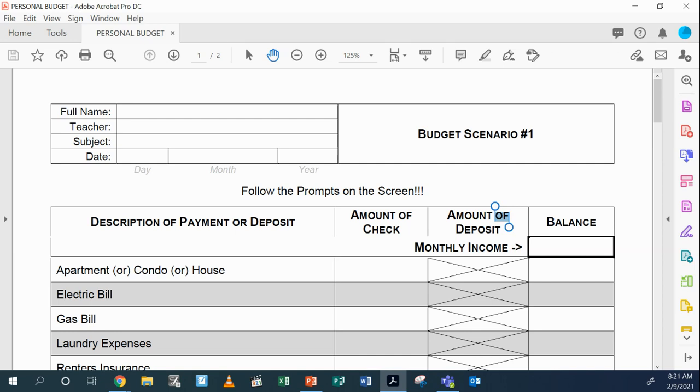I'm depositing it into my account. Does that make sense? Amount of check is money going out. So most of the stuff we're going to be doing is an amount of check. I'm spending it. If I was writing a check, that would be how much the check would be worth. Most of us do it digitally now, but regardless.